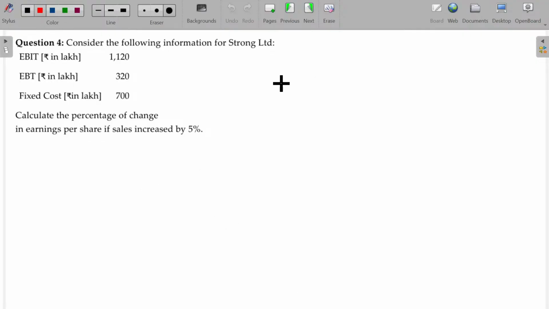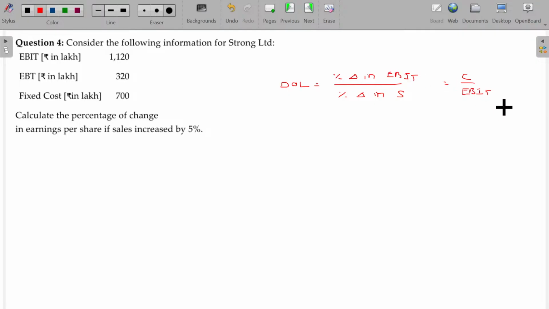What about the degree of operating leverage formula, the base formula? Percentage change in EBIT in the numerator, percentage change in sales in the denominator. The ultimate formula being contribution by EBIT.